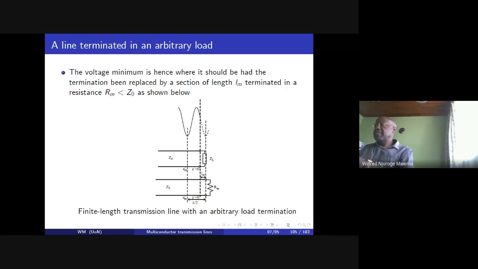And the length of the fictitious line that we have, we can always attach that to a resistance, which we'll call Rm, or we can use a capital R_M, that is R greater than Z naught of that line, or R smaller than Z naught of that line when we are using a minimum.